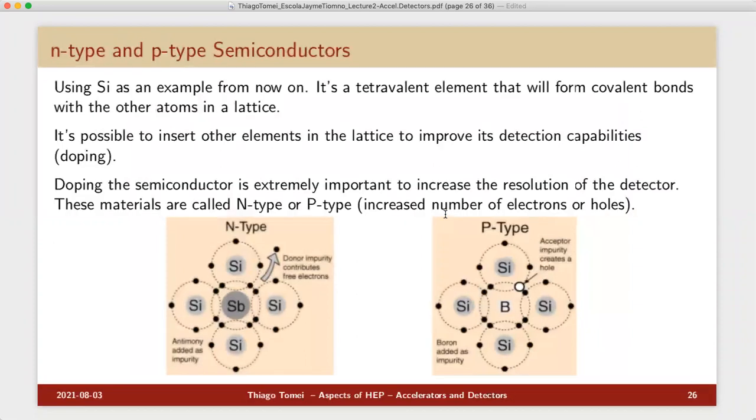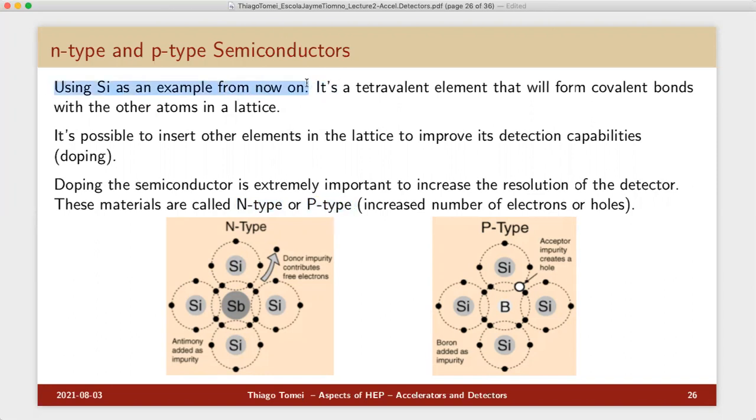And again, as you know from your solid state lectures, the key thing is to dope the semiconductor to already create some holes or extra electrons to make this bridging of the gap, and therefore the improvement of the detection capabilities, easier. So you know these, there are N-type or P-type doped semiconductors.